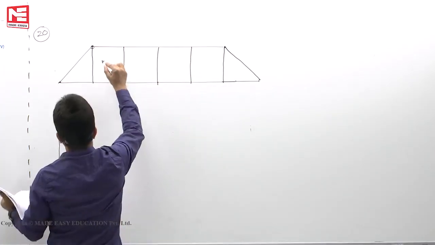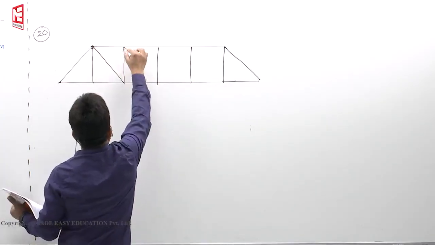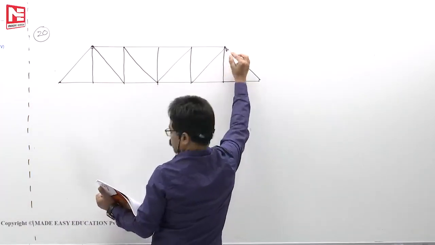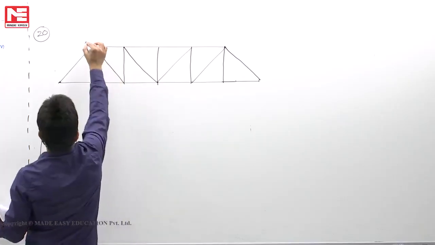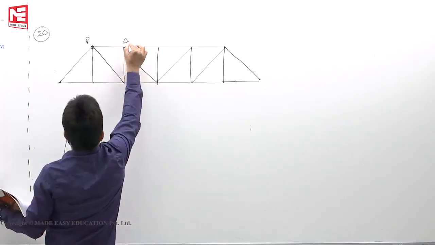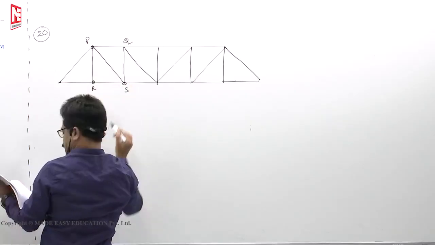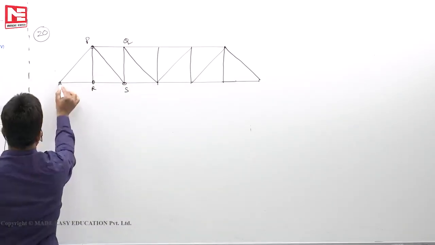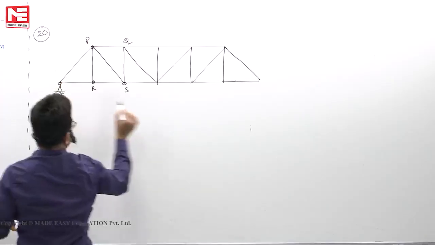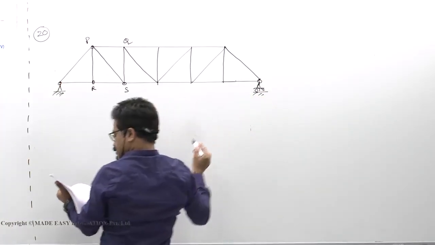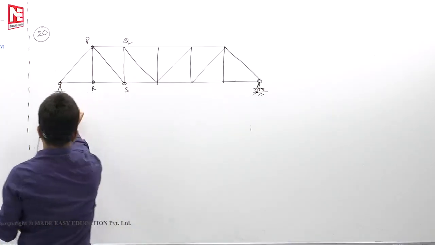Now these two are in this direction. These two are in this direction. PQRS. Like this he has given. ILD also he has given.